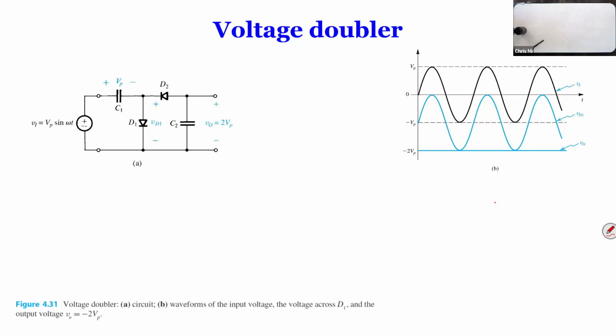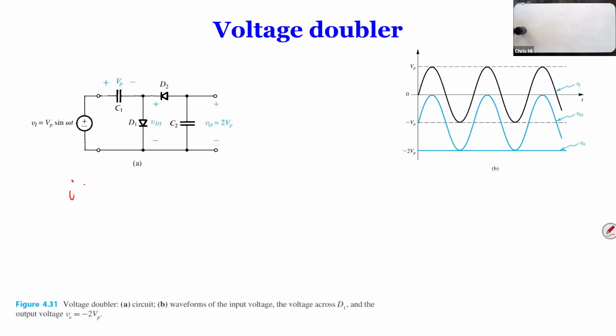So actually, what this does is that D1 is going to do the positive half cycle. If voltage is positive, you get current through the left loop.